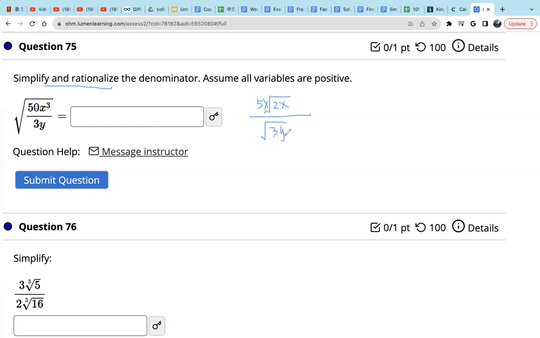Well, we want to rationalize the denominator. Right? So we multiply by square root of 3y. And then we do the same for the numerator, times square root of 3y. Then the denominator becomes 3y.